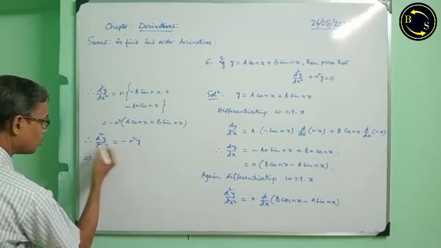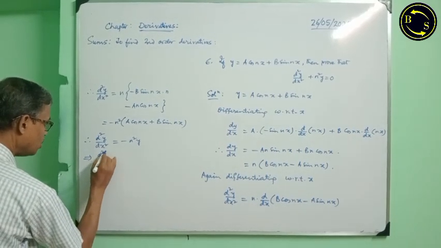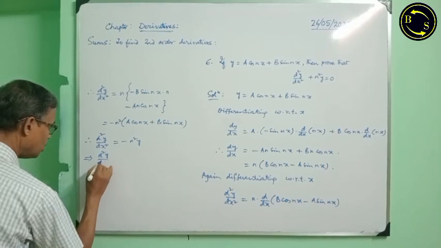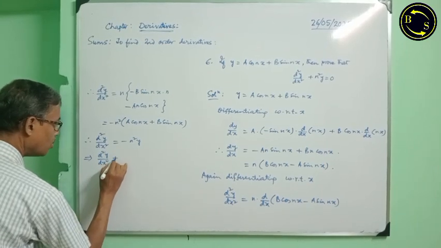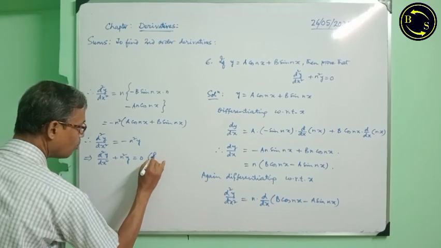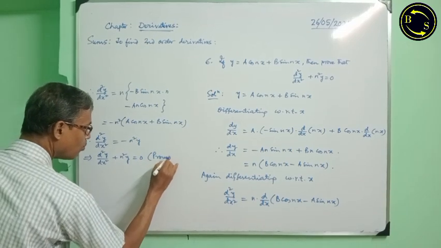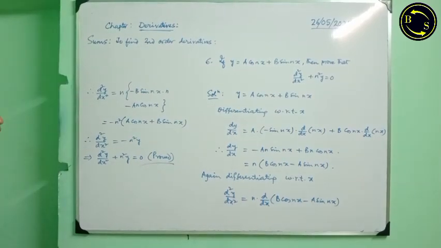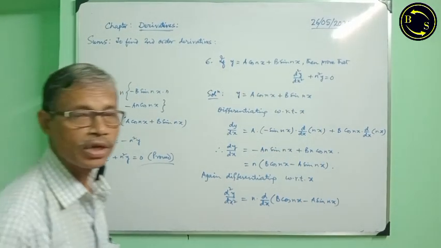Now taking this on the left, we get the required result. Finally, d²y/dx² plus n squared y equals 0.